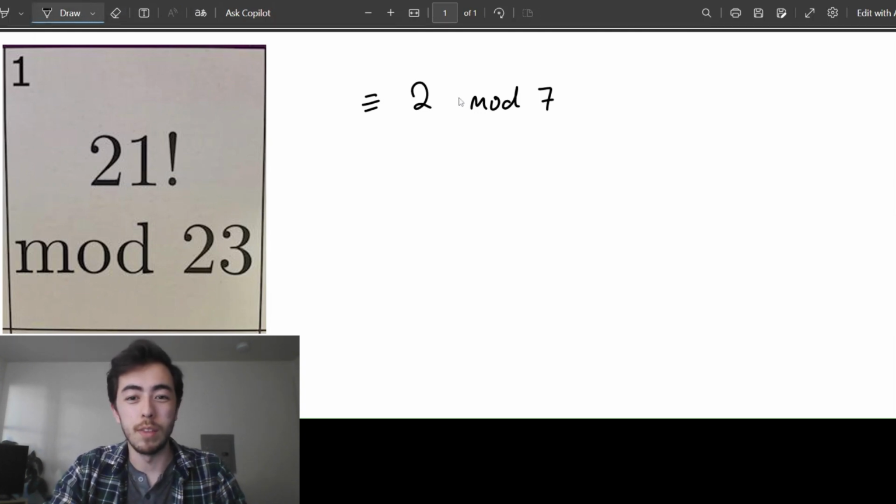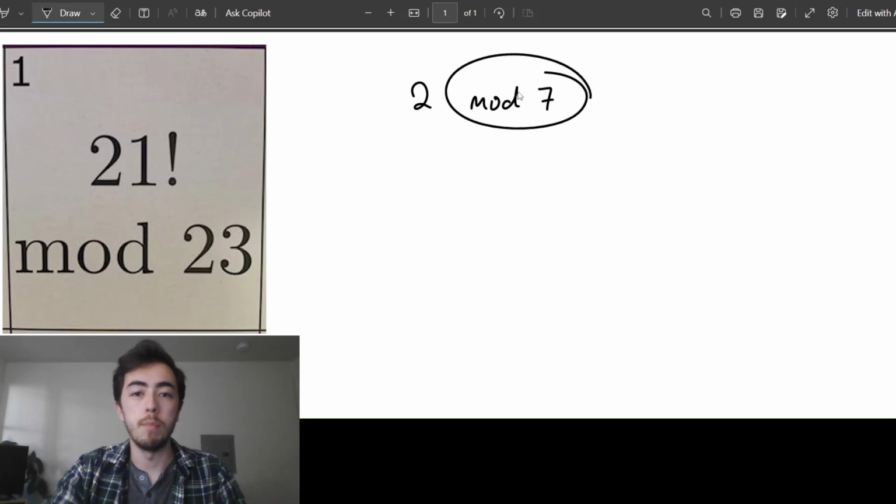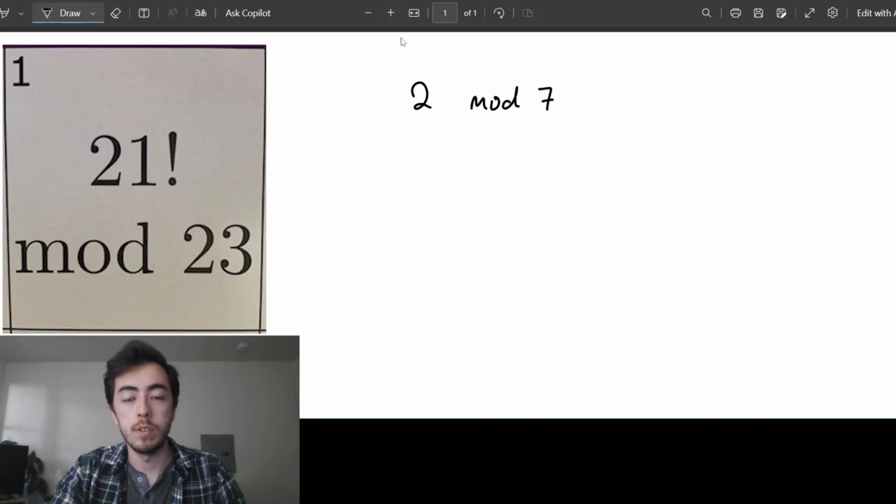But if I say something like 2 mod 7, I know a number like 9 again, or maybe the number 16, are both going to be congruent to 2 mod 7. The interesting thing about primes with modular arithmetic is that whenever you have a prime modulus, you're going to be able to get inverses out of all your numbers.